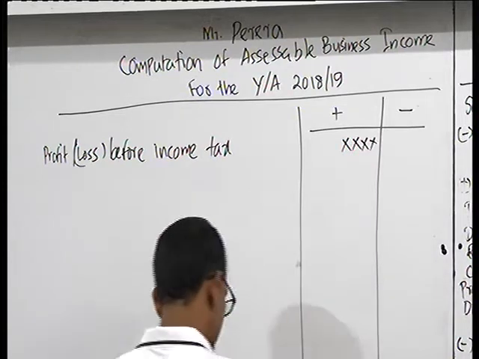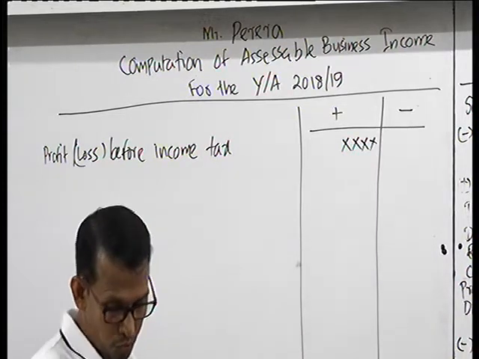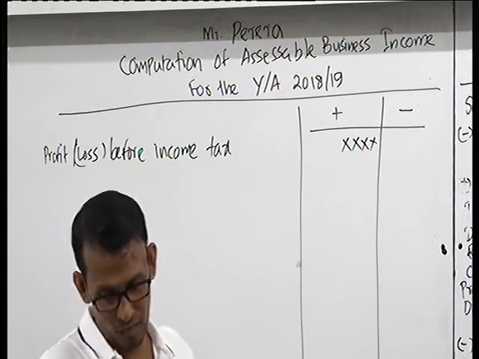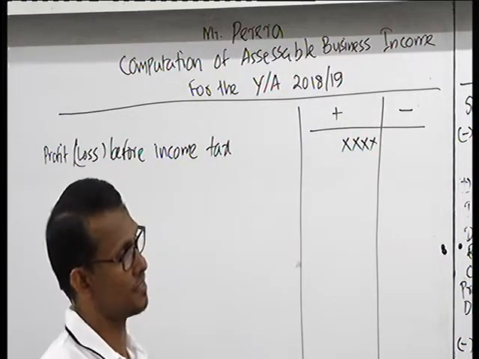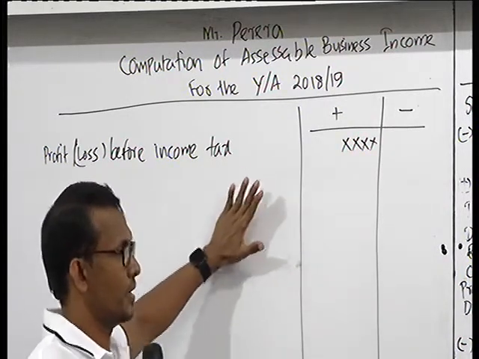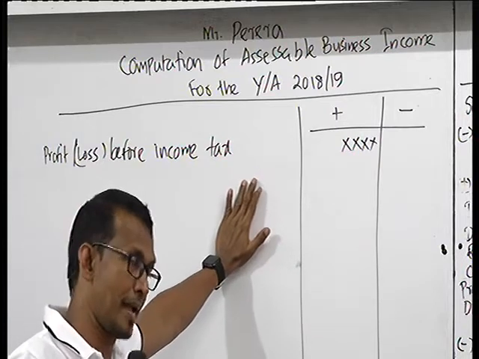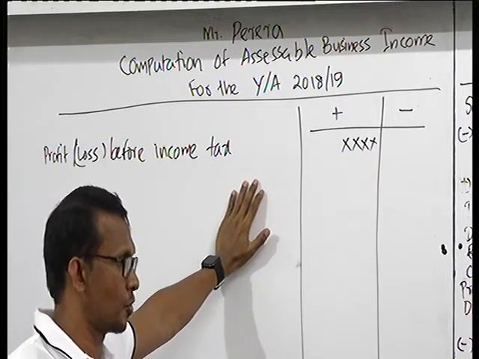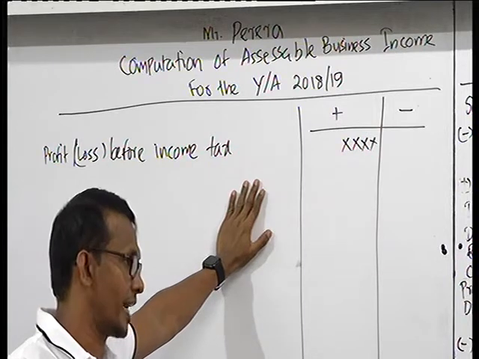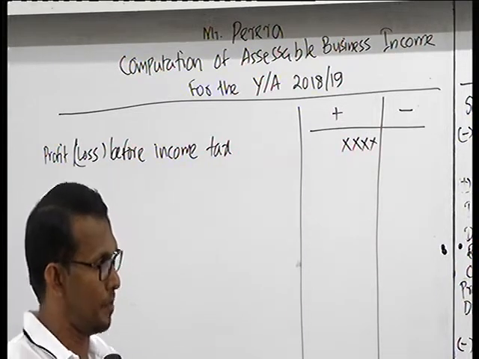Now here what we are going to do is what you have learned for the bank reconciliation statement. You start with either the bank statement balance, or the cash book balance, or the adjusted cash book balance, and you arrive at the other balance.